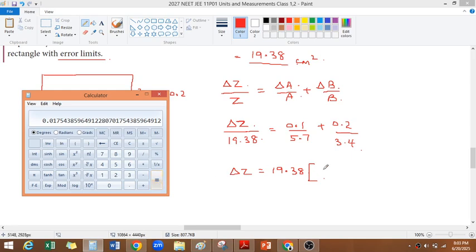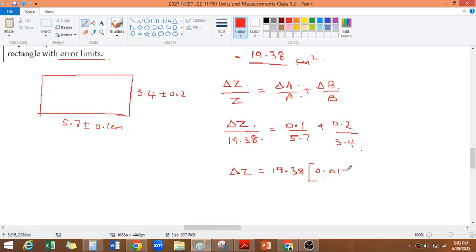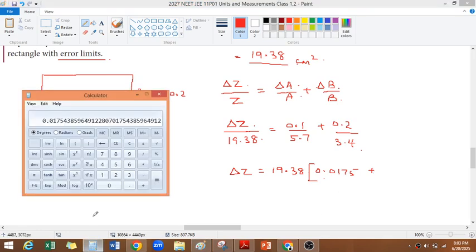0.0175. So 0.0175 plus 0.2 divided by 3.4, 0.0588.